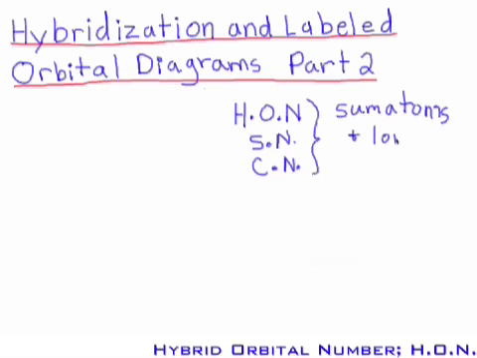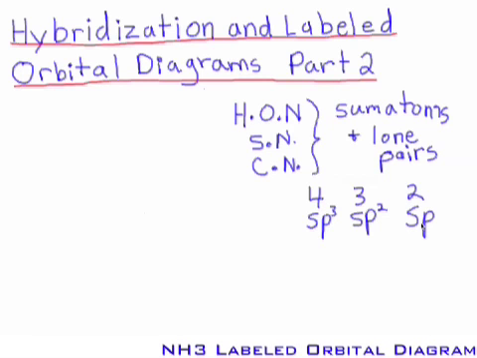Now, the examples we used yesterday had no lone pairs, so we didn't need to include that. But we're going to start putting on lone pairs, so we're going to need to do this. To figure out hybridization, we're going to have to add the atoms and lone pairs around the central atom. And when you get an H.O.N of 4, remember that's sp cubed. H.O.N of 3 is sp squared, and H.O.N of 2 is sp. So we're going to try this on a first molecule, NH3.